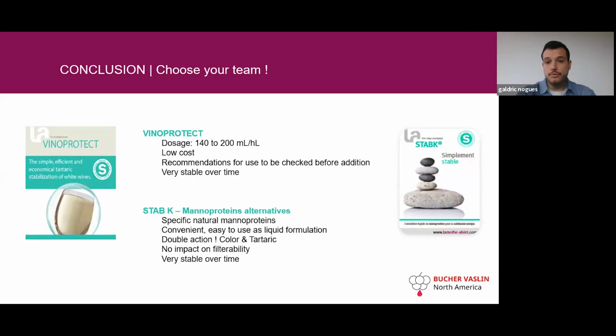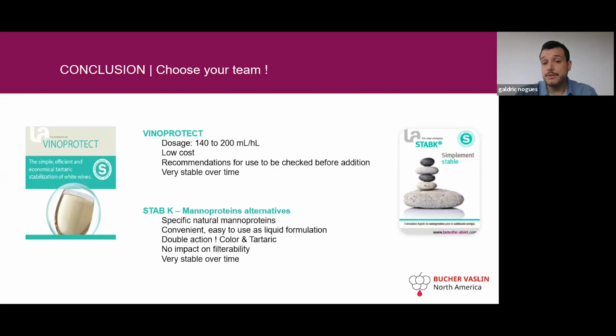So to conclude this webinar, we've seen some different approaches, but when it comes to inhibition methods, two products stand out. The Vinoprotect, the CMC, with a rate between 140 and 200 milliliters per hectoliter.